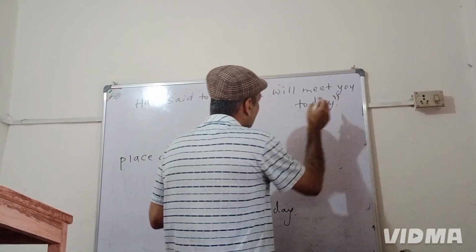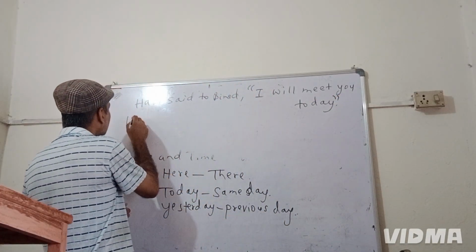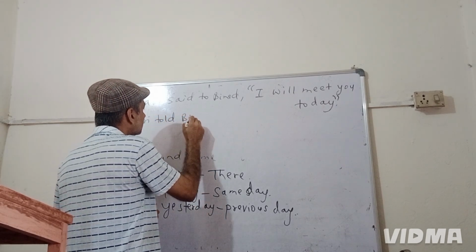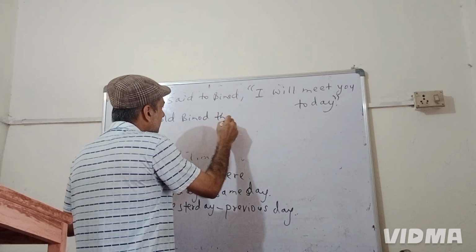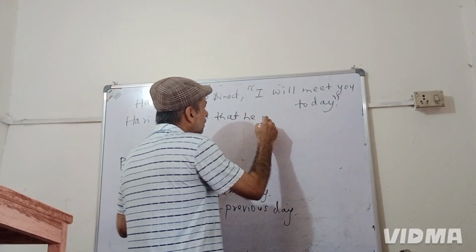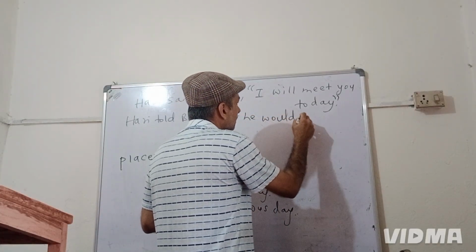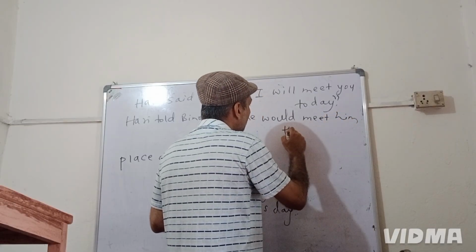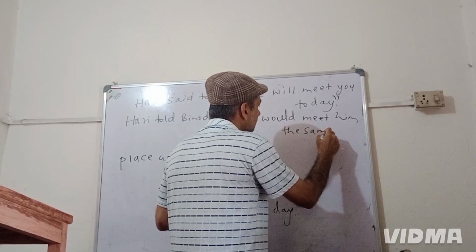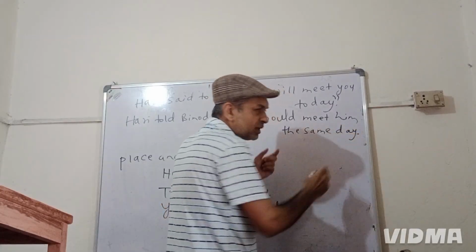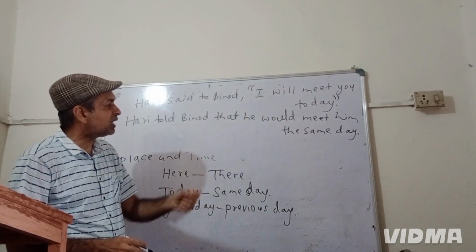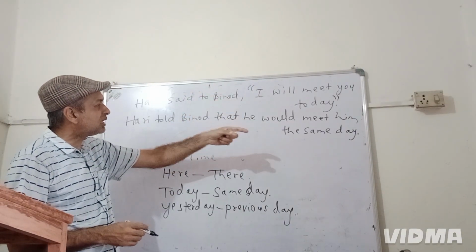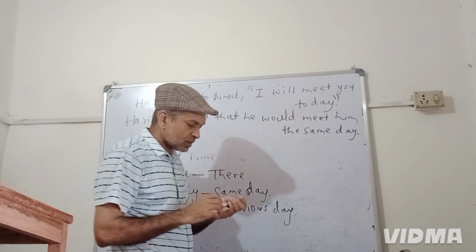Hari told Binod that he would meet him the same day. In this way, today is changed into the same day. In the indirect speech, from the direct speech, today is changed into the same day. So you have seen that time and place adverbials are also changed.